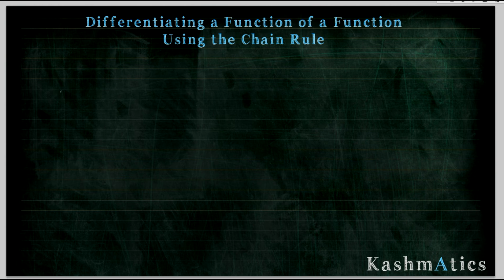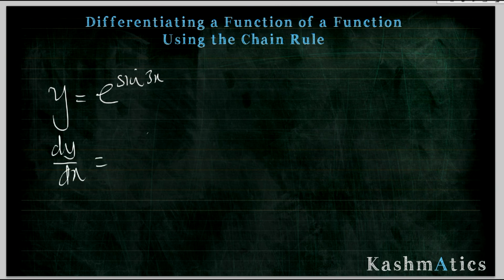Right, so let's say we've got y equals e to the sine 3x. Okay, e to the sine 3x. So dy by dx. Now e to the sine something, e to the something becomes e to the something. So this will still be e to the sine 3x multiplied by the derivative of sine 3x.